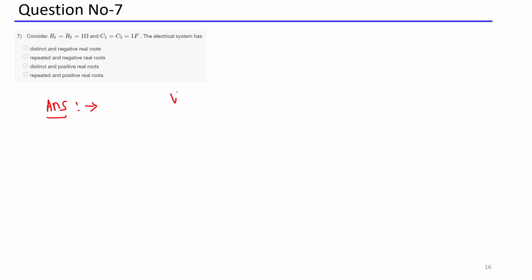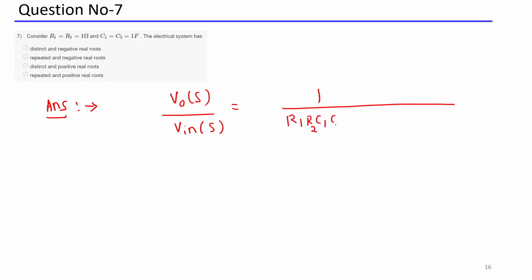So your answer will be V naught(s) divided by V in(s) equal to 1 divided by R1 R2 C1 C2 s square plus (R1 C1 plus R1 C2 plus R2 C2) times s plus 1. This is the answer, ma'am.